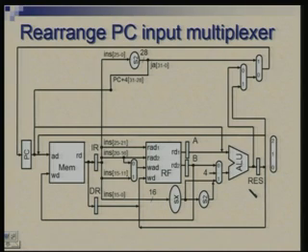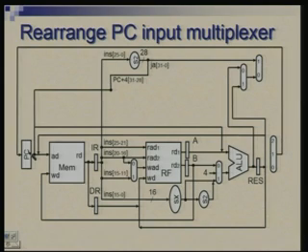So, I introduce a new multiplexer here, but I will eliminate the old ones. This has 3 inputs: one input comes from the RES register, one comes from the ALU directly, and one comes from this jump address. Those 3 are brought in here. The output of this is going to feed the PC.